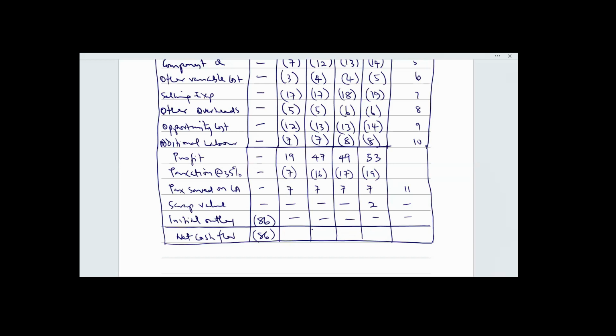What's the net cash flow? Year 1 should be 19. For year 2, the next one, 38.